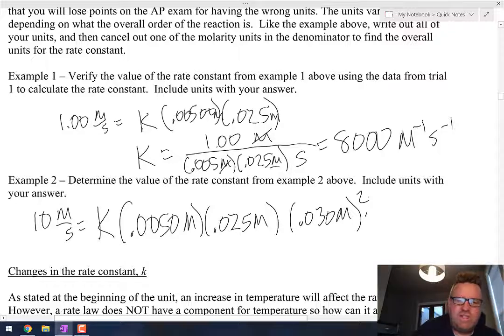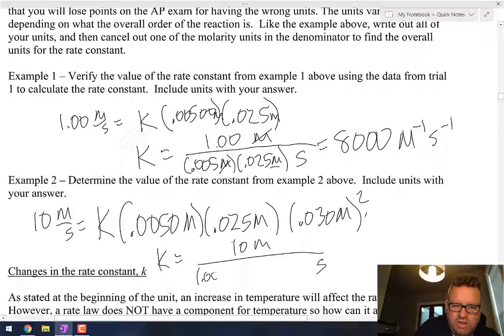Okay, so now to solve for K, K is going to equal 10 molar per second. And I just put it down at the end just so I can have plenty of space. 0.005, and I'm going to leave that last zero off. And then 0.030 molar squared. Okay, and then I'm going to type that into my calculator.